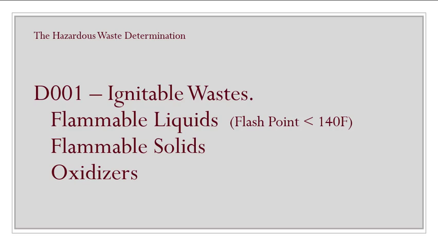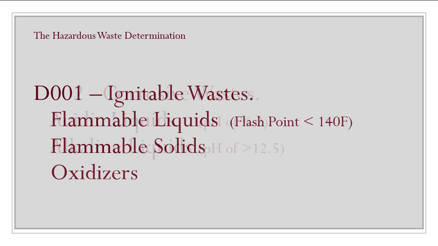So the bottom line is this waste code, D001, covers a wide range of ignitable wastes. And that's it. If you have a flammable liquid and the flash point is less than 140, this waste code applies.